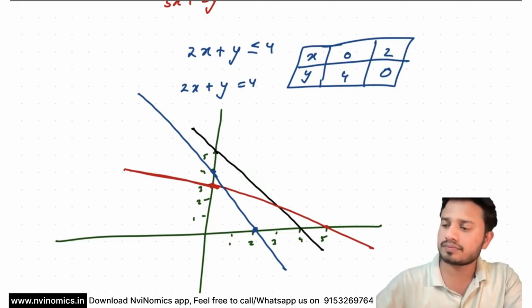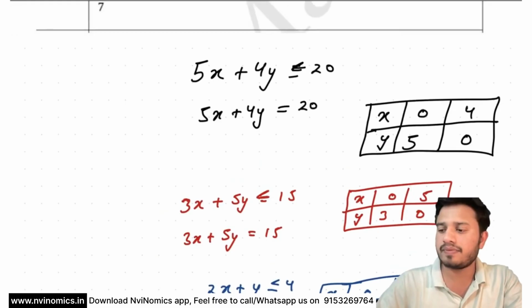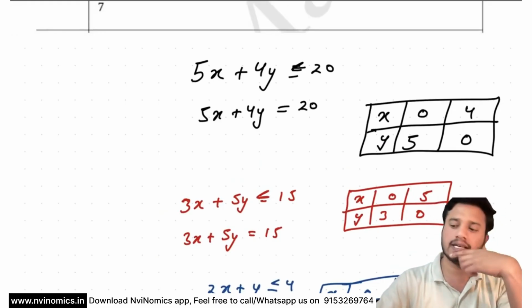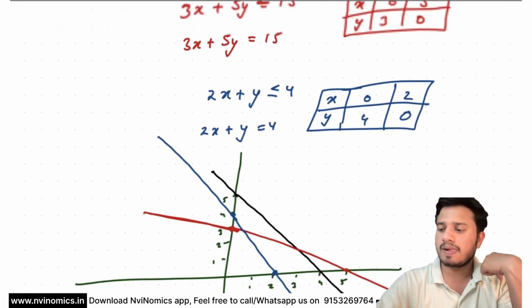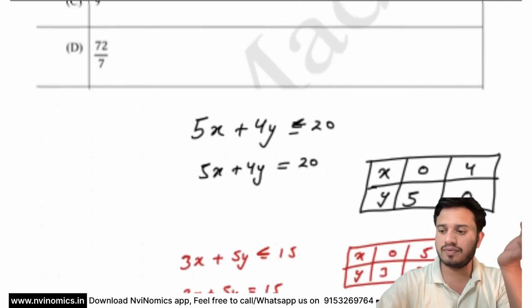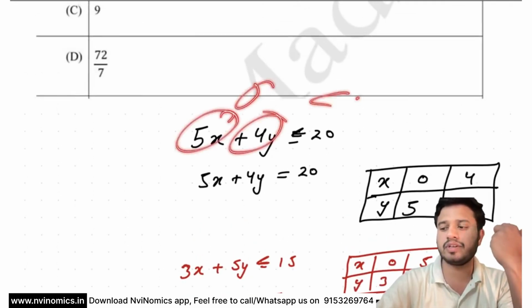Okay, now the conditions with inequality are telling us to look for the region which is less than 20. This black line. So under 20 means if you put (0, 0) here, you will get 0, and 0 is less than 20.